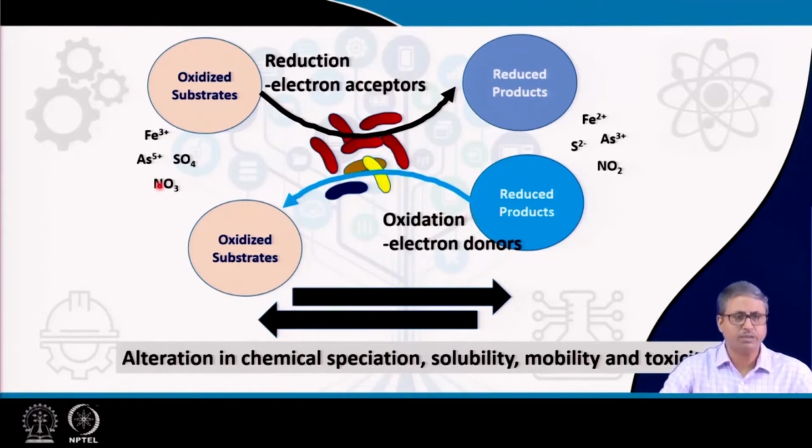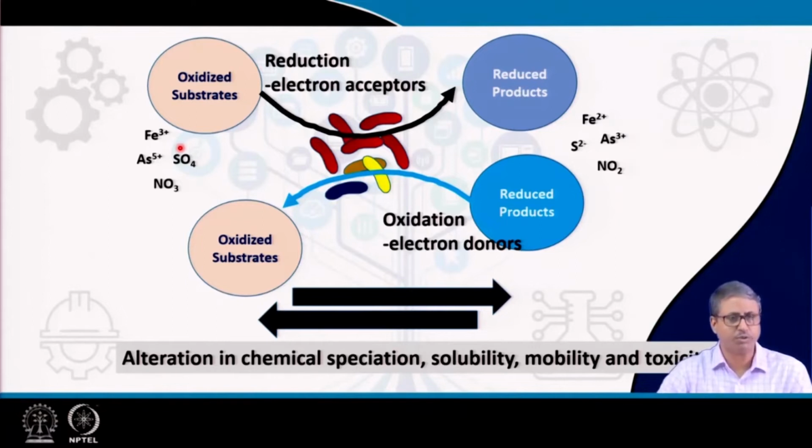So, this sulphate or the Fe3 plus or arsenic 5 or the nitrate, all these oxidized products which are produced by the oxidation reactions, or which may be available naturally in these forms, are eventually the substrate for further reduction reactions. Many a time they are reduced because they drive the metabolism when they are used as a terminal electron acceptor during anaerobic respiration. Sometimes the reduction is also facilitated to combat the toxicity of the compound.